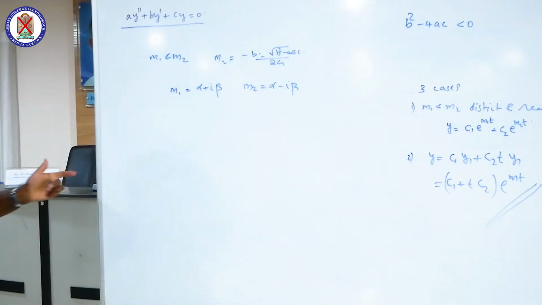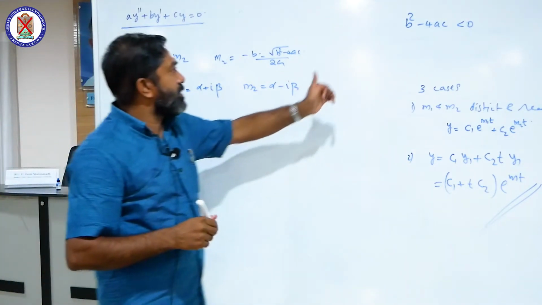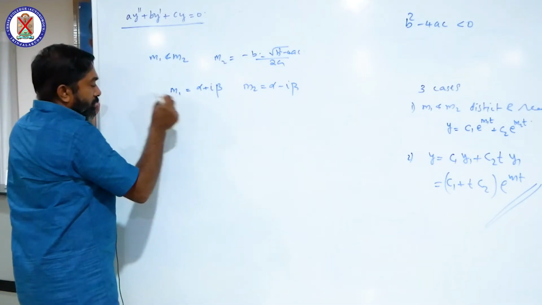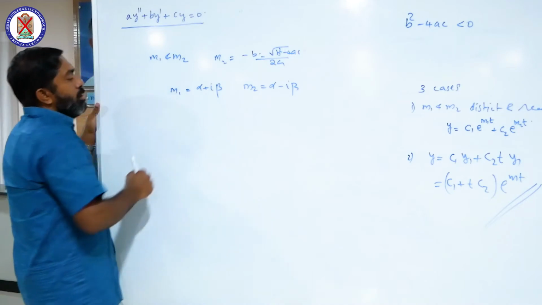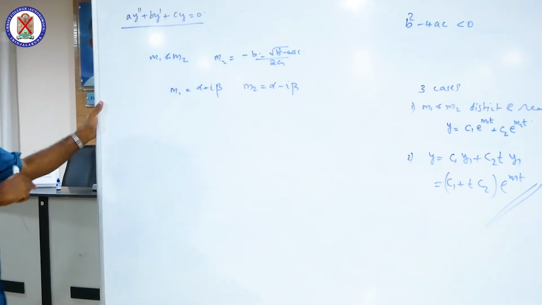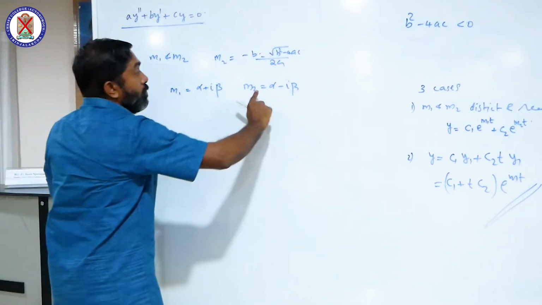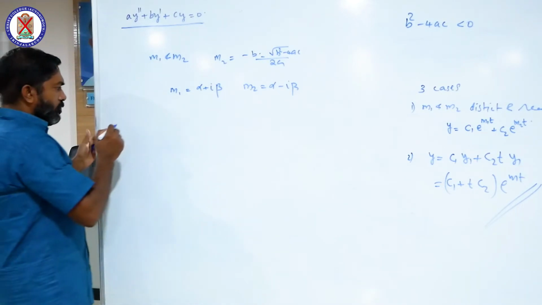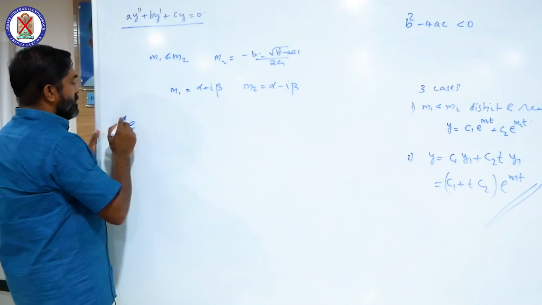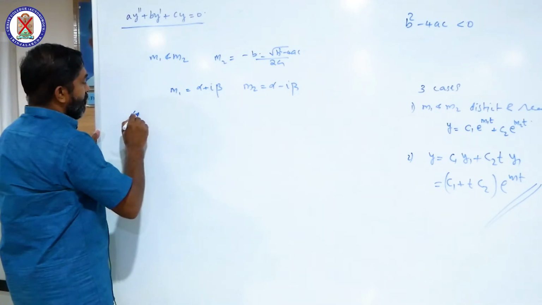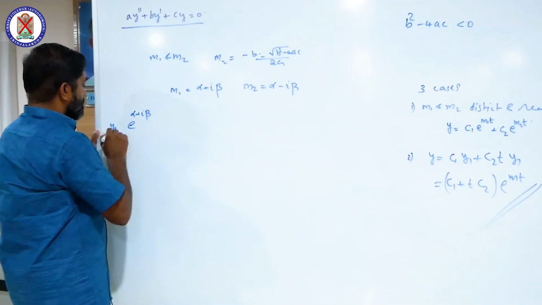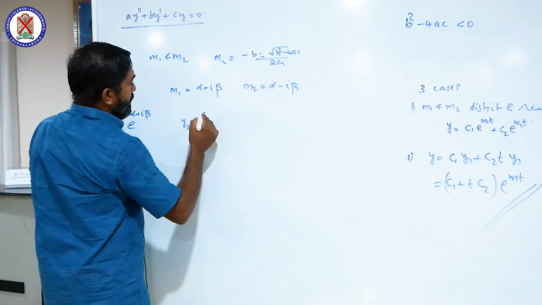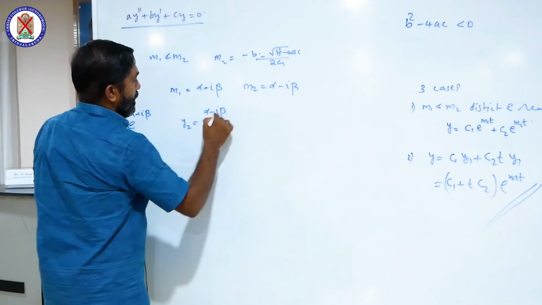Okay, so if b square minus 4ac is less than 0, the roots of the equation will be in the form m1 equal to alpha plus i beta, and m2 equal to alpha minus i beta. In this case, we can consider the solutions in the form y1 equals e raised to alpha plus i beta, and the second solution y2 equals e raised to alpha minus i beta.